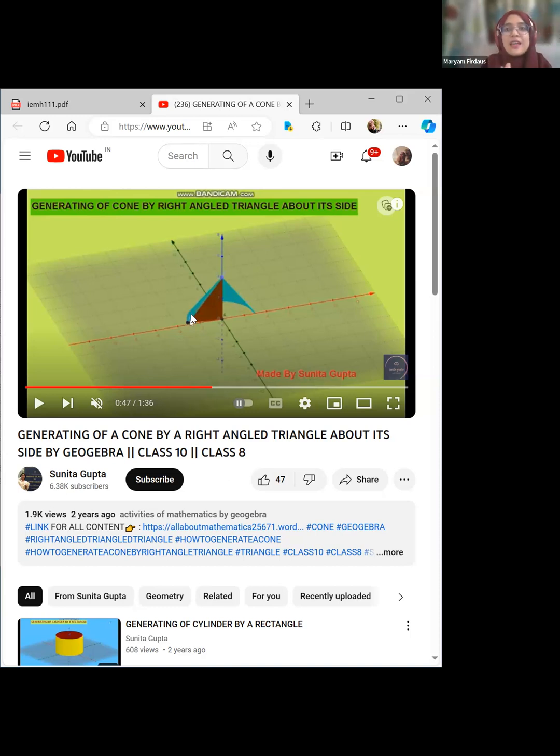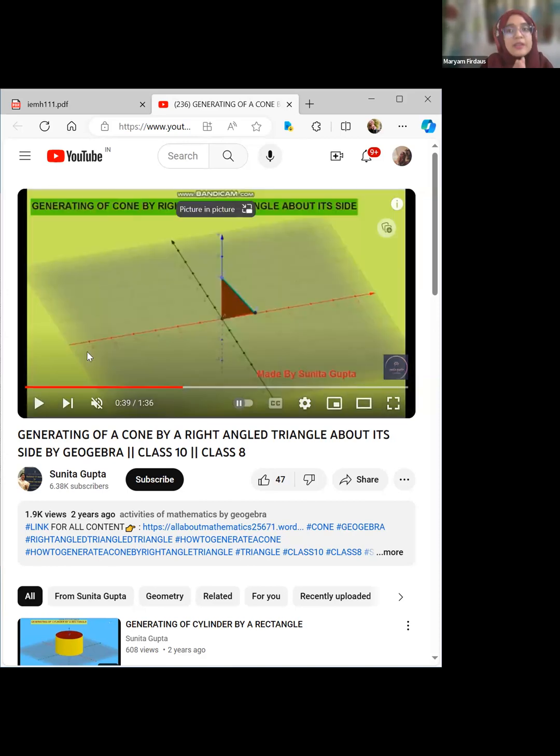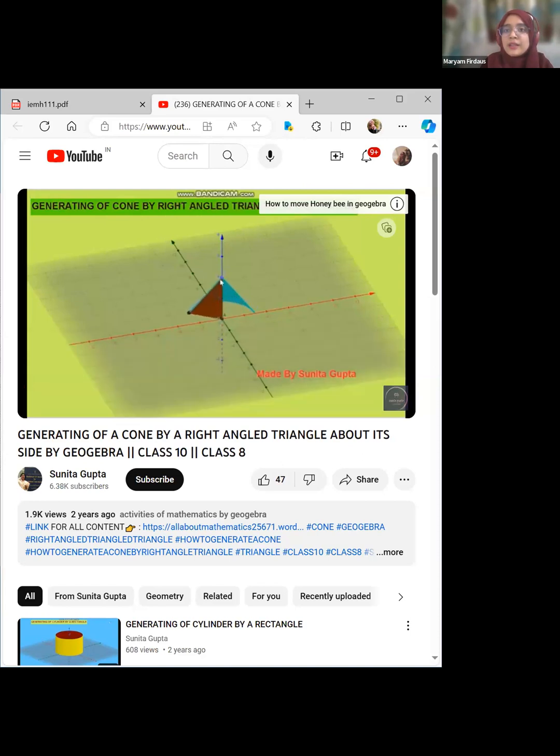So in this case, they are rotating. Ma'am, can I see the video again? Because some part of it was not very clear. So in this case, they are not revolving a line segment, they are revolving an entire triangle. Yes. So let's see how it becomes. This is a triangle. Now they will start revolving it. So the triangle has started rotating.